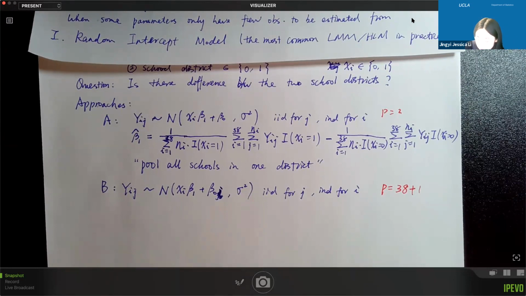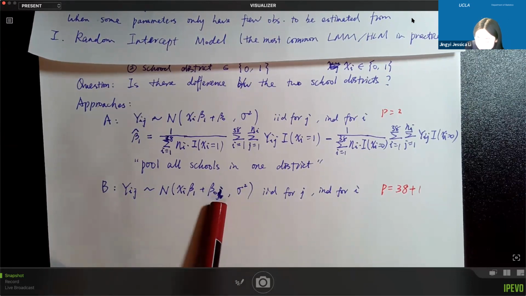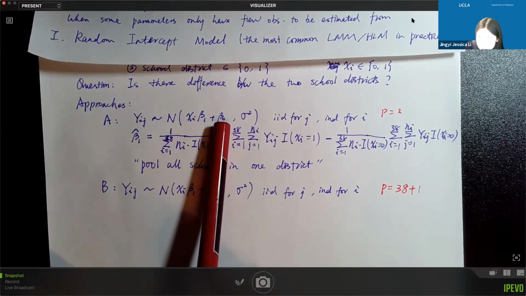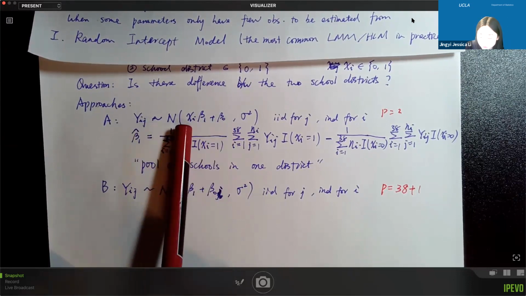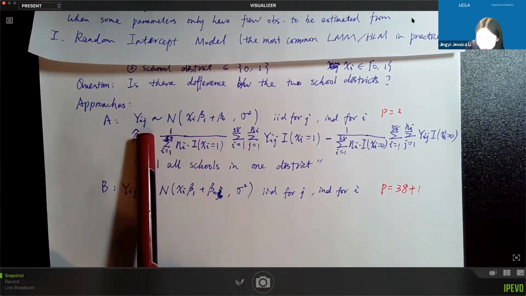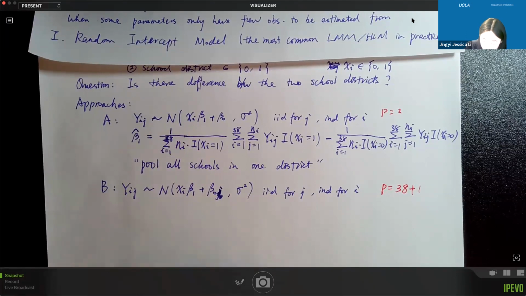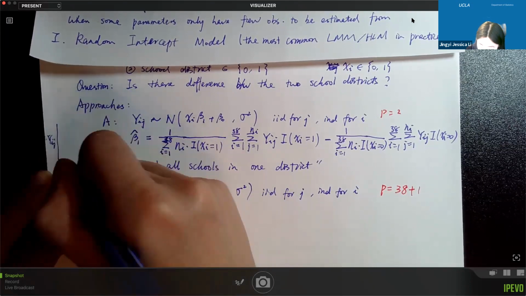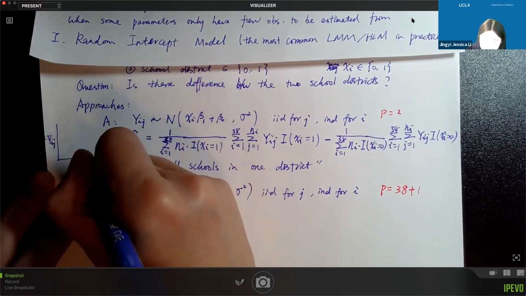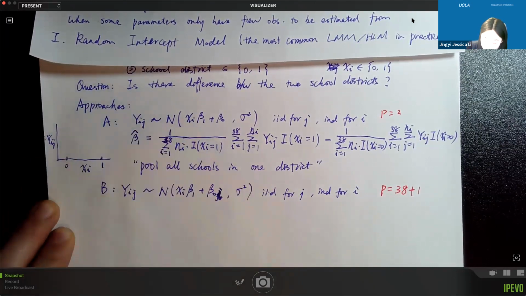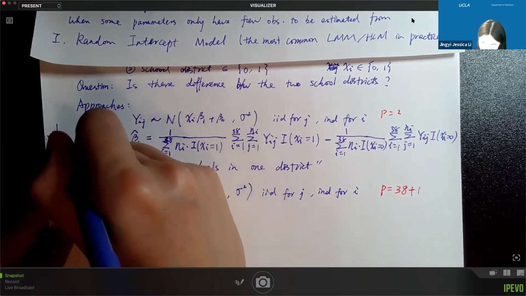Okay, so what does this actually mean? Probably I can give you a better illustration. Previously, when we say this beta 0 is the common intercept, if I plot my data, Yij on the y-axis and xi on the other axis, where xi is 0 or 1, in scenario A, let's say your data are all pooled like this.